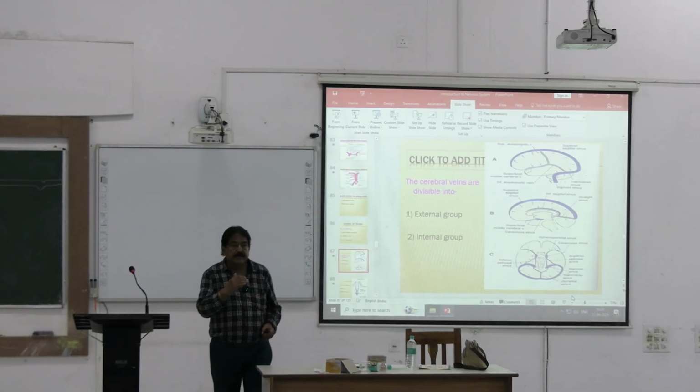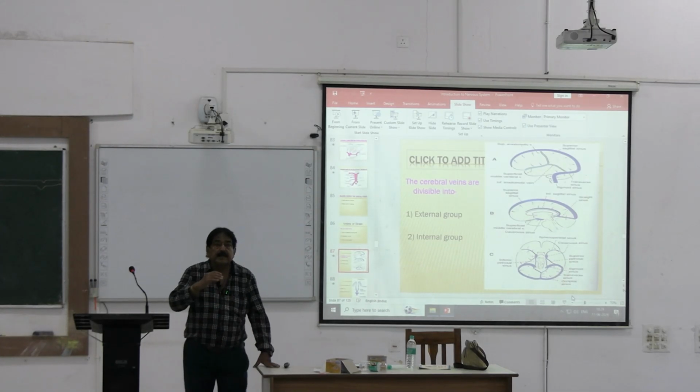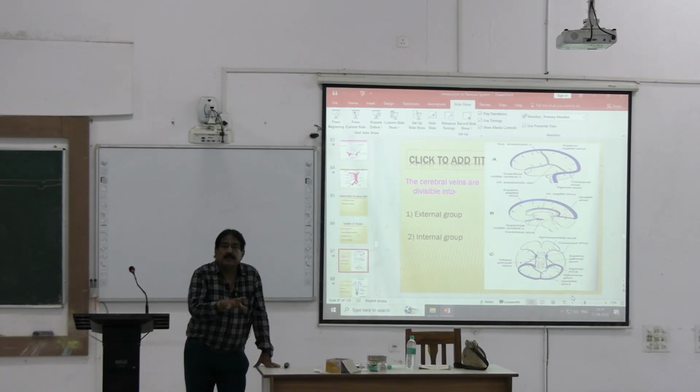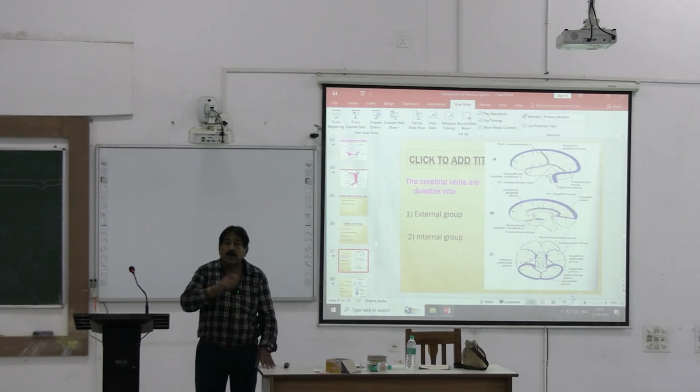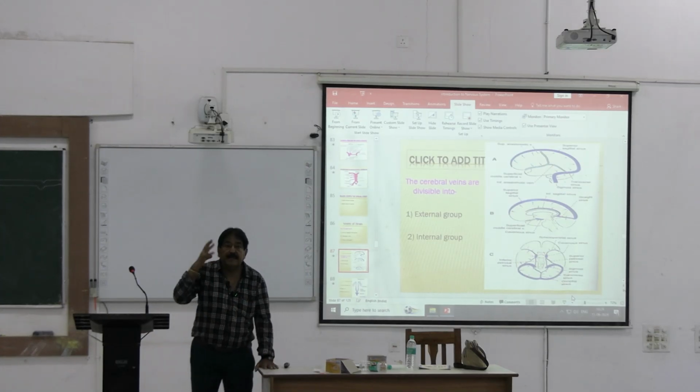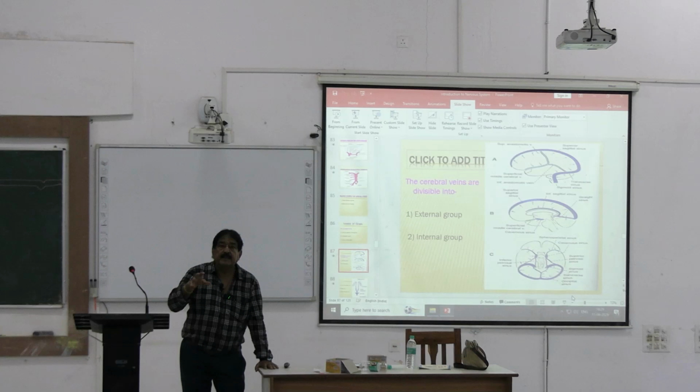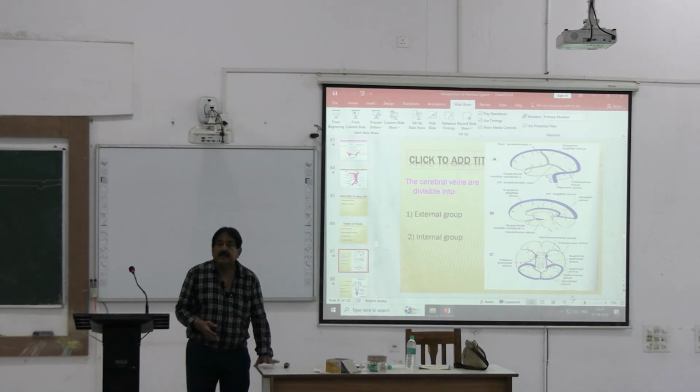When you are studying the brain, please draw pictures, copy from your book, outline them and slowly label. Just don't mug up, and don't just copy-paste. Then it will be impressed in the brain and you can answer.